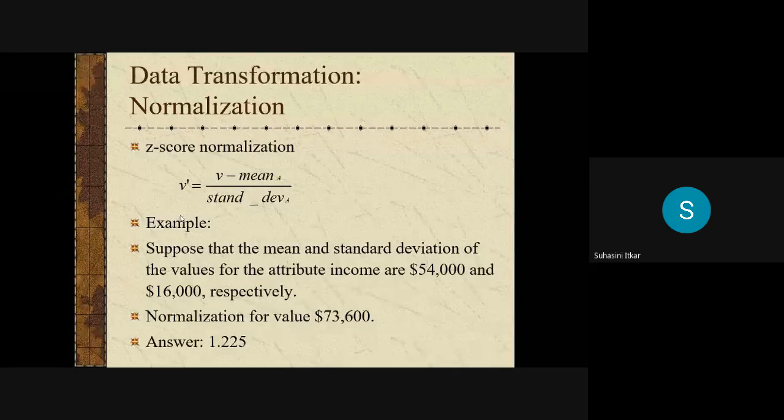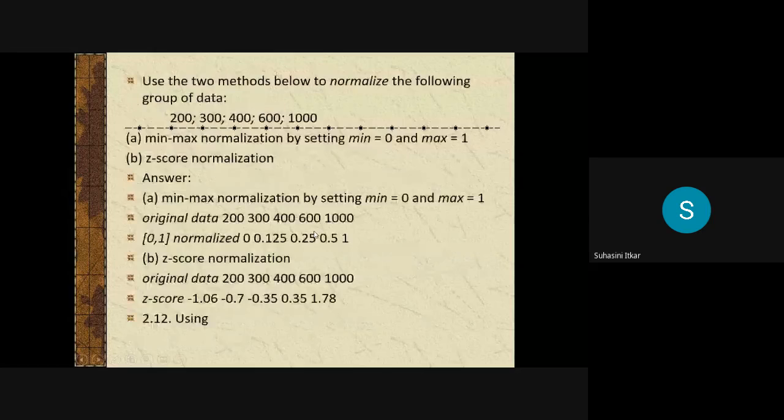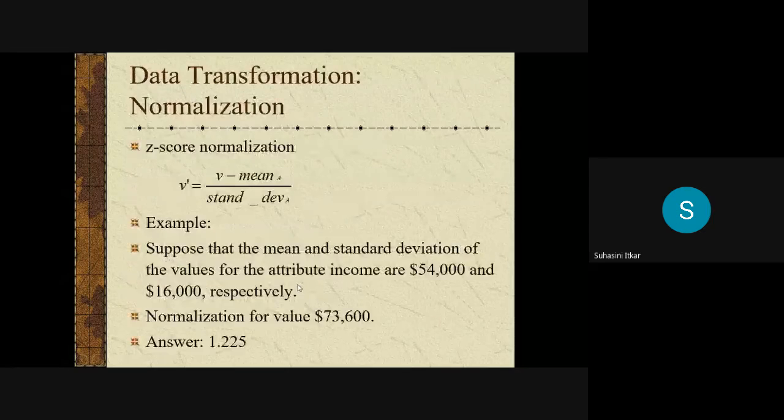For z score normalization, standard deviation and mean value are used. Either the problem statement itself gives the values of mean and standard deviation, or you are expected to calculate the mean and the standard deviation.